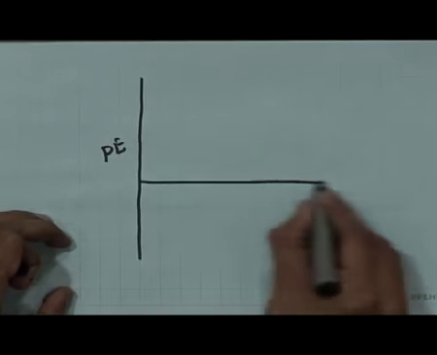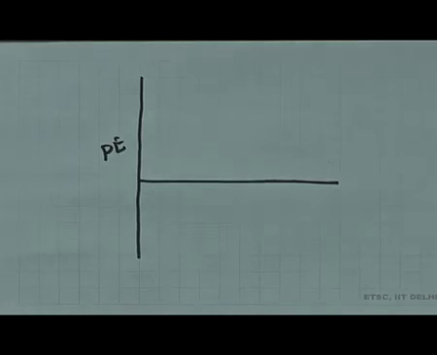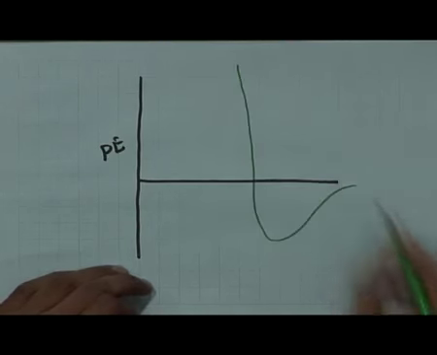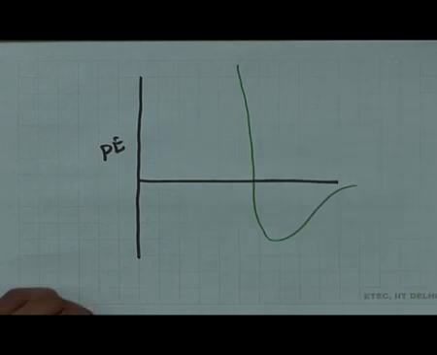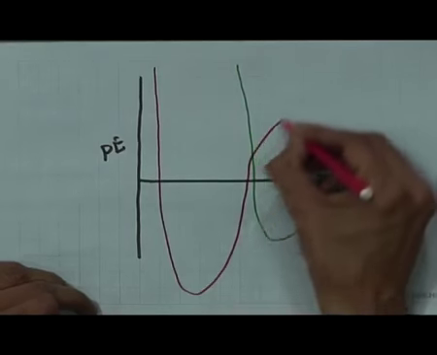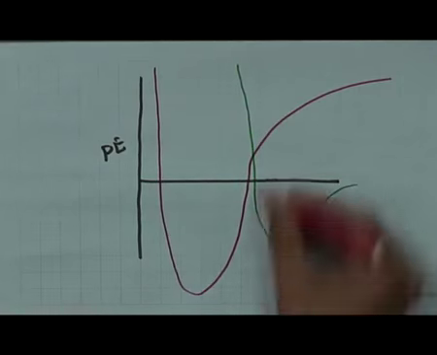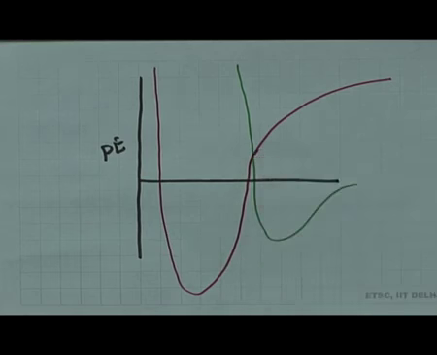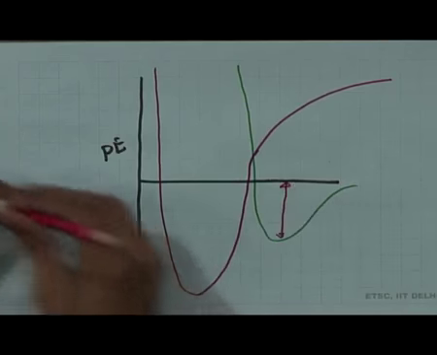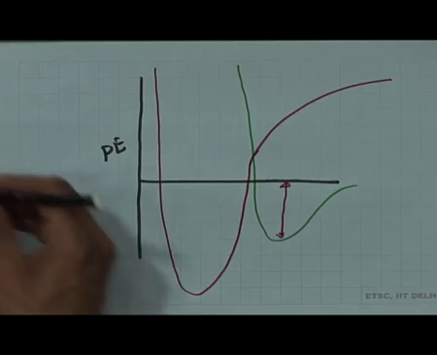We have distance from the surface on this axis, and we have one potential energy curve which looks like this, and another potential energy curve which is much deeper like that. Okay. This is the delta H of physisorption.